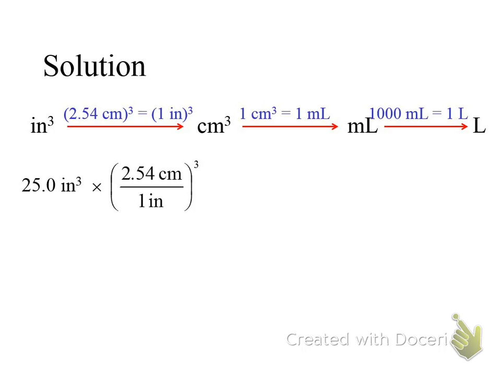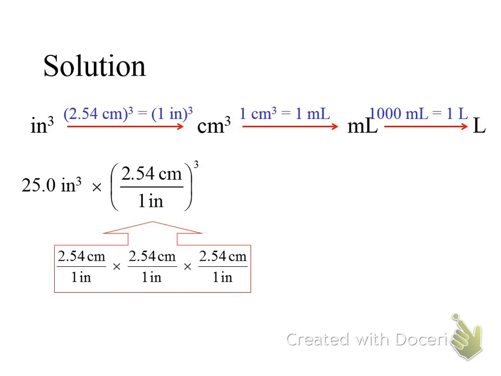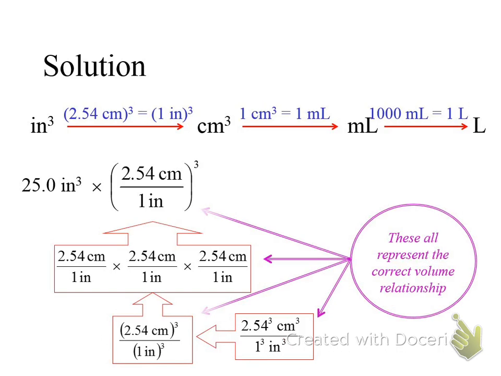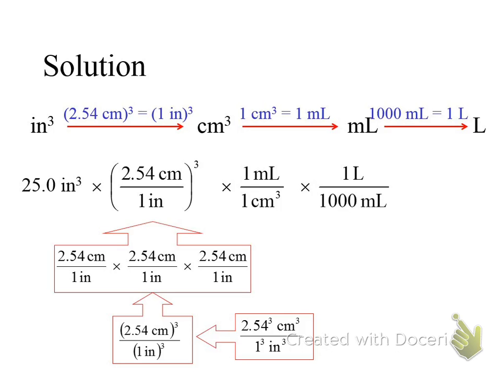Does that make sense? And then we want centimeters cubed to cancel, so we're going to put cubic centimeters in the denominator. That next term is going to be 1 milliliter over 1 centimeter cubed. Then inches cubed have canceled, centimeters cubed have canceled, and we have milliliters at that point.